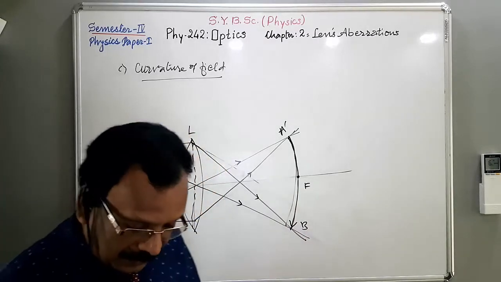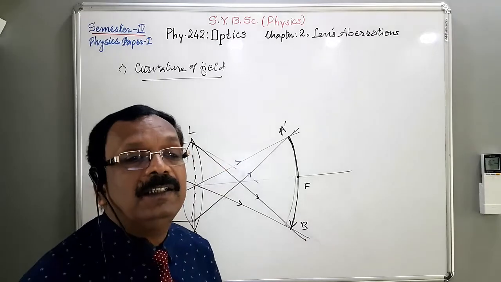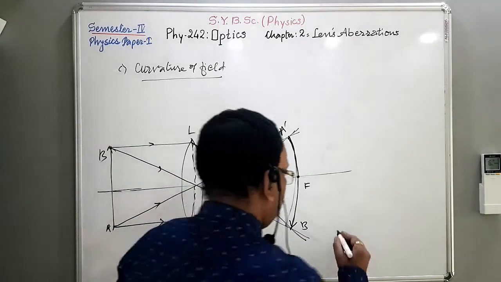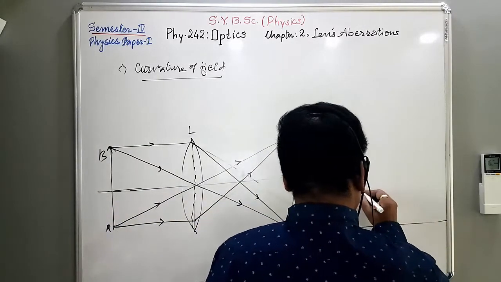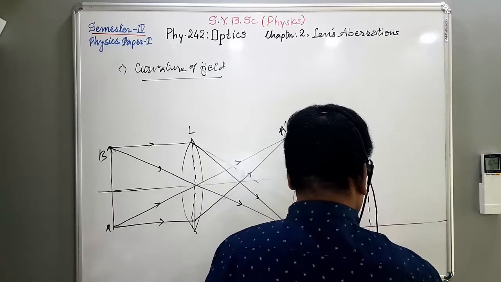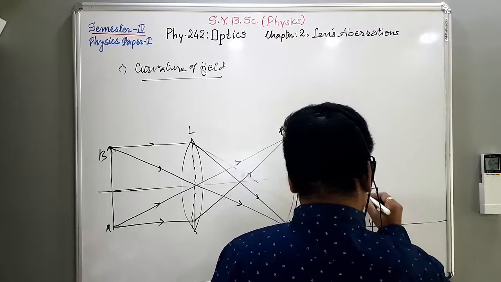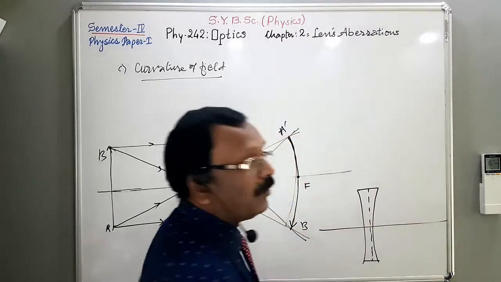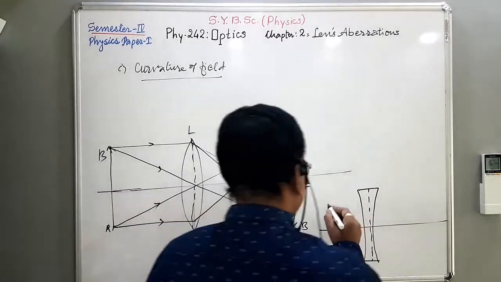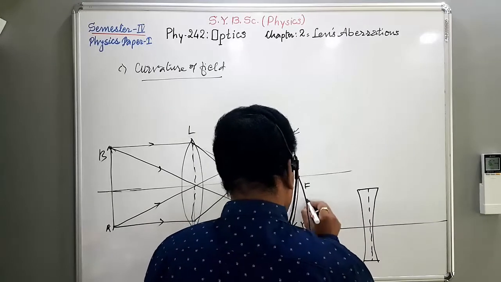If instead we consider a concave lens, see here, this is the concave lens. Here also we consider the extended object.